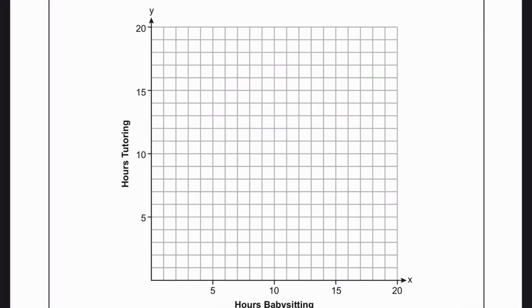Okay, so I'll graph the first one. It has a y-intercept of 10, and it goes down 1 hour of tutoring for every 2 hours of babysitting. Something like this.